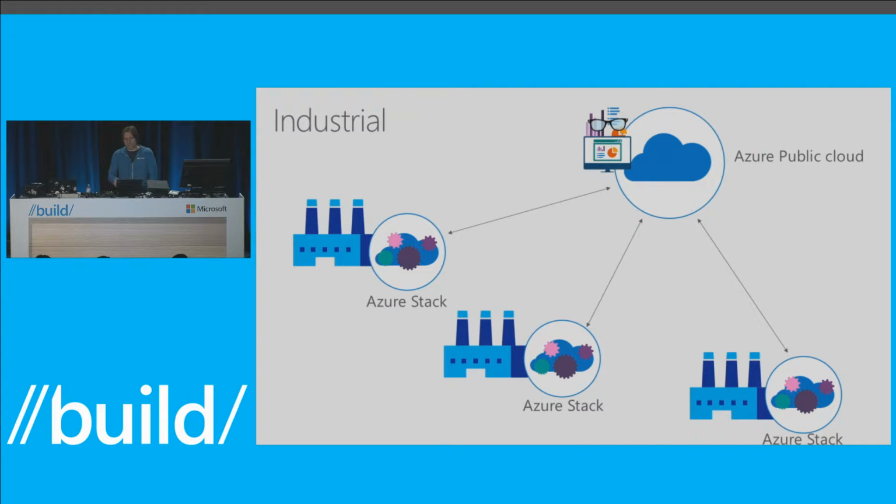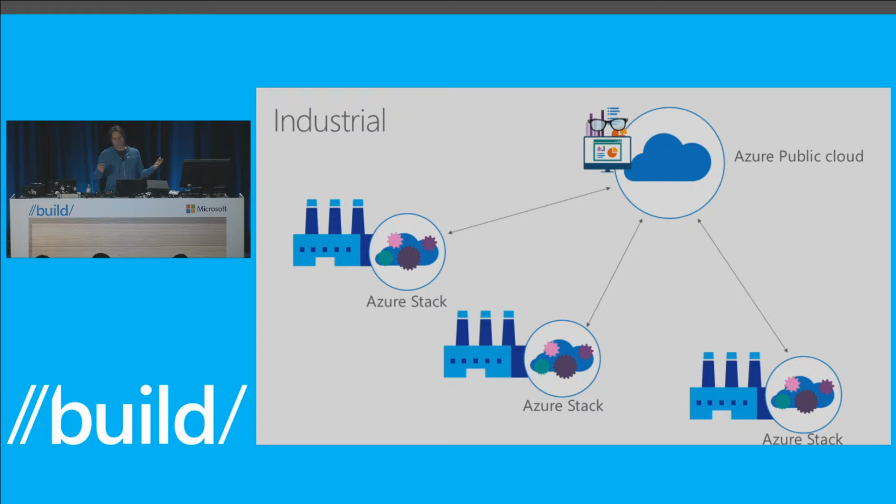Industrial. So we got a lot of customer interactions and demand from a variety of disconnected places like oil rigs or factories that use IoT. And they want to use it locally. They want to operate the factory locally to the location because satellite link is very expensive and they don't want to connect to the cloud for every one of the operations. And so they want to run a local copy of Azure Stack.